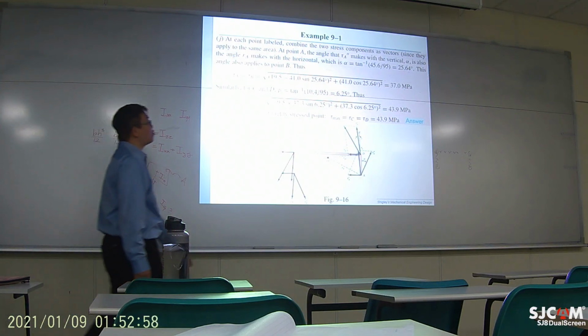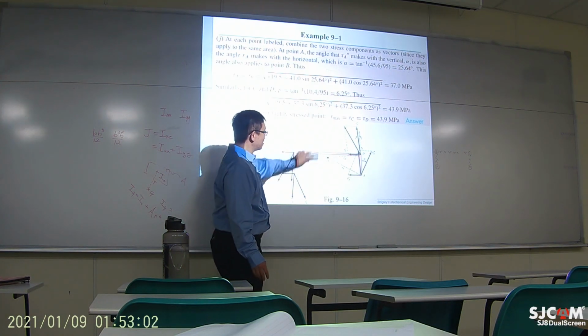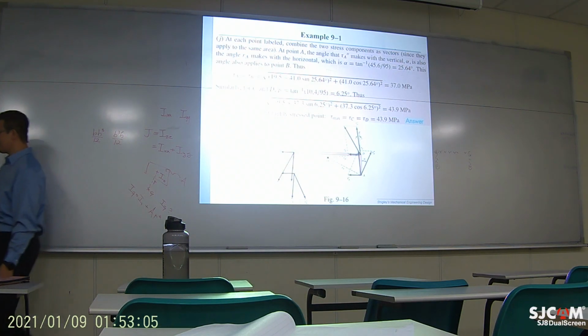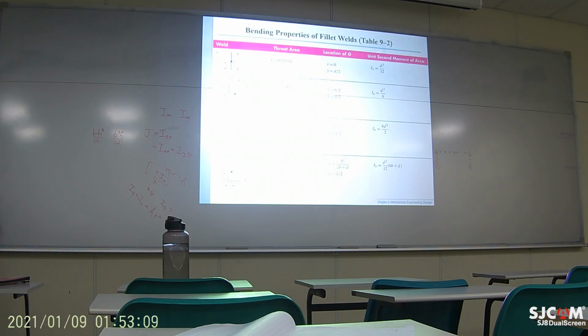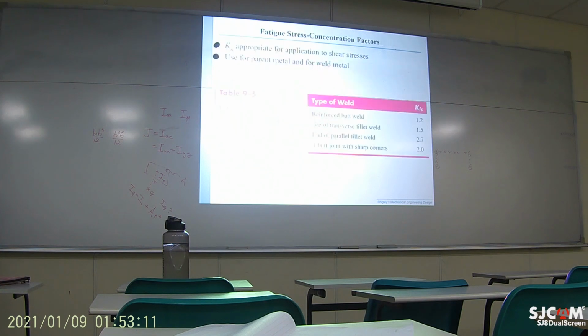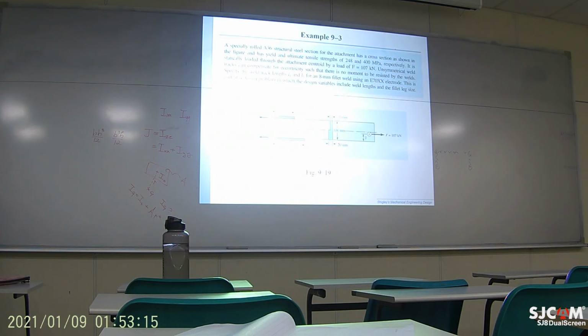Okay, so that would be everything I want to cover for welding. Okay, but for the rest of the book, it's just exercise for different shapes, but similar idea, basically analysis in different shapes.